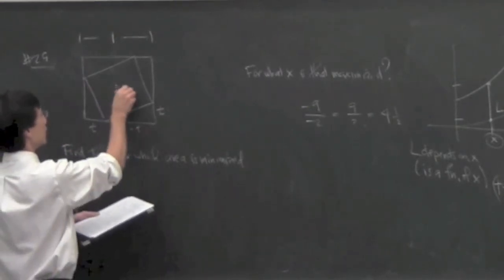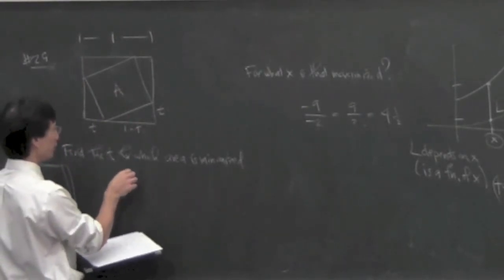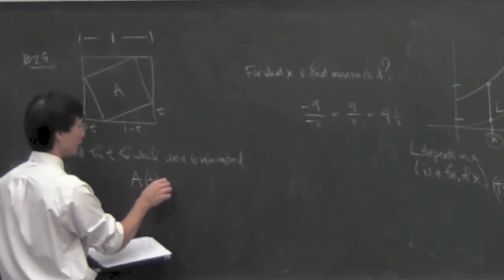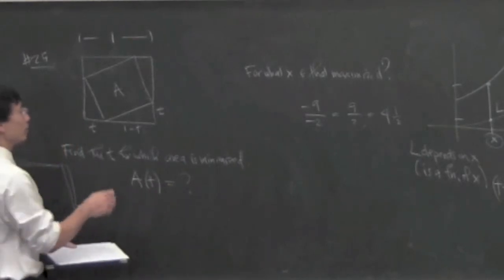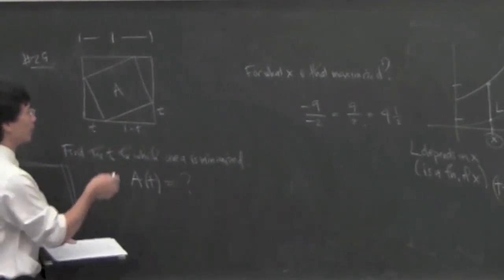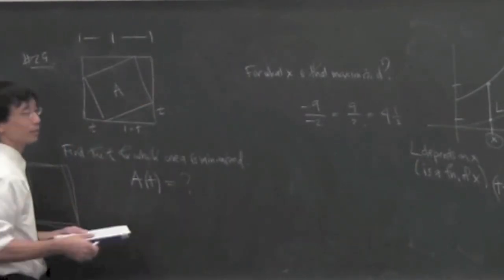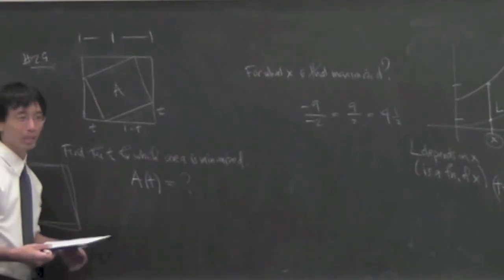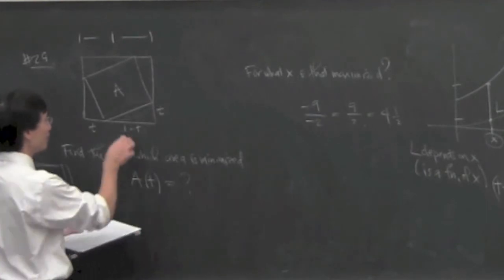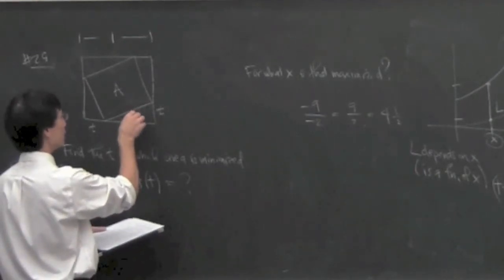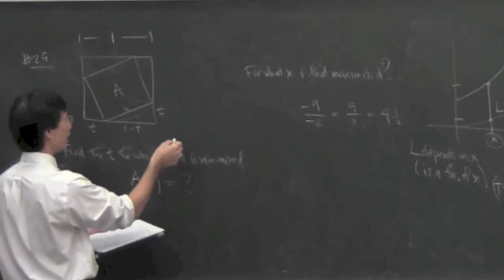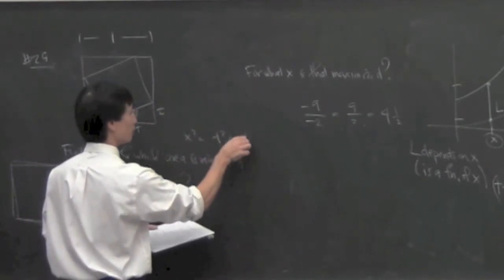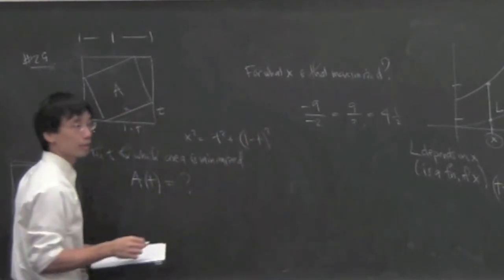Okay. So you'd say, okay, let's call this thing A, right? A as a function of t equals what? Well, we have to figure out what this length here is. By the Pythagorean theorem, we see that if this is x, x squared is equal to t squared plus (1 minus t) squared.